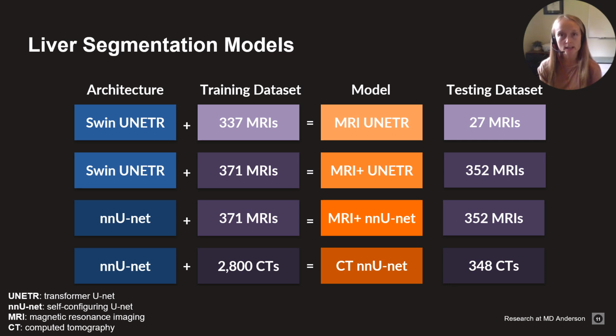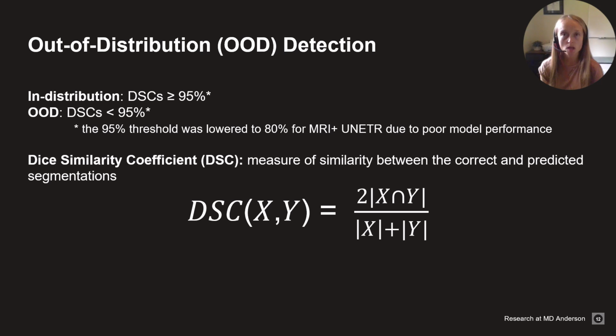All of the training data for these MRI models were taken from public sources. And the test data set is also much larger for MRI Plus, with all 352 images coming from Houston Methodist Hospital, whereas the 27 MRIs for the MRI UNETR model were taken from MD Anderson Cancer Center.